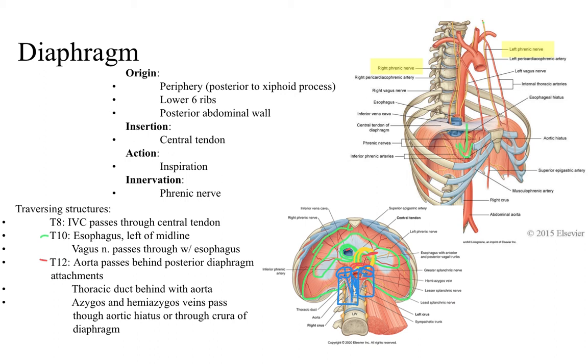So two little attachments that are the posterior part of the diaphragm. Notice that the aorta traverses between the crura in what we call the aortic hiatus.